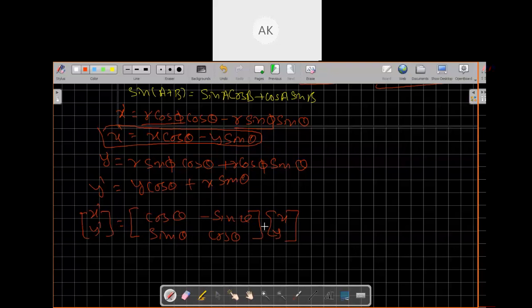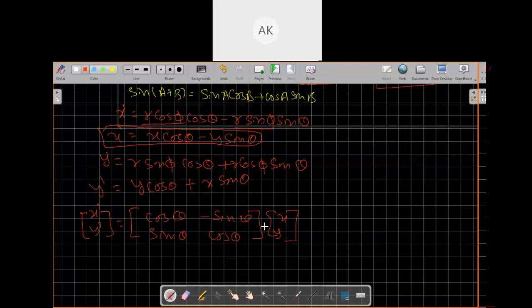In the same way, y dash equals x sin theta plus y cos theta. The rotation formula we have calculated in the form of a matrix is x dash, y dash equals cos theta, minus sin theta, sin theta, cos theta into x, y.